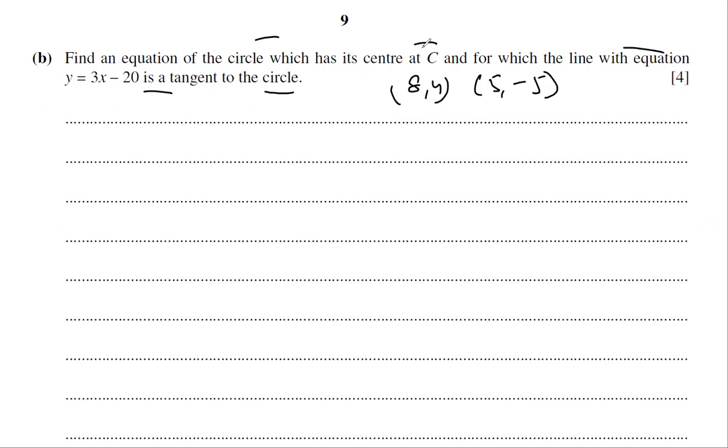So the center is the midpoint. For the midpoint you would take 8 plus 5, so it is 6.5, and 4 minus 5. This is the midpoint. At the center, we have this.